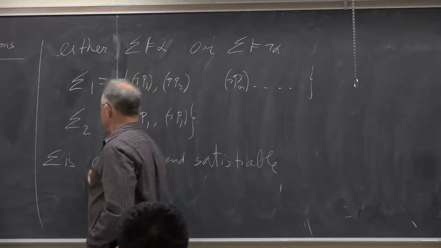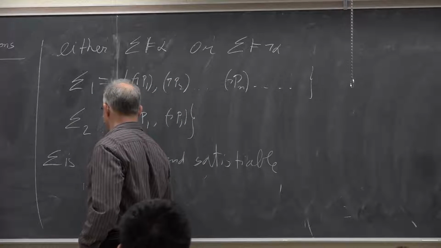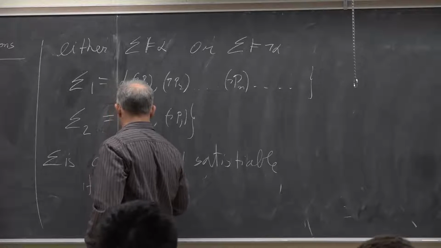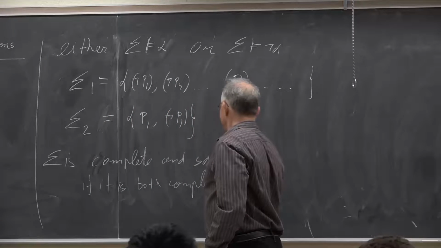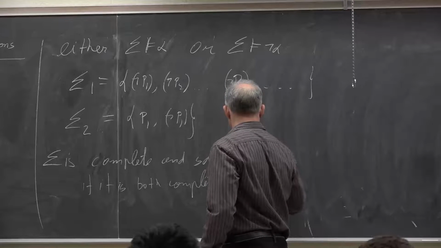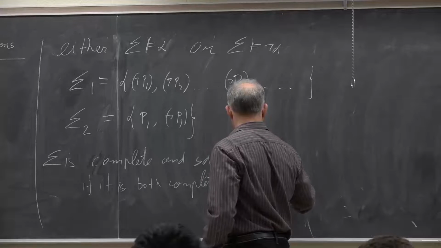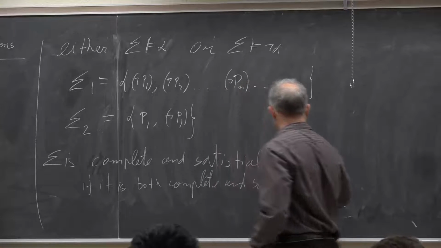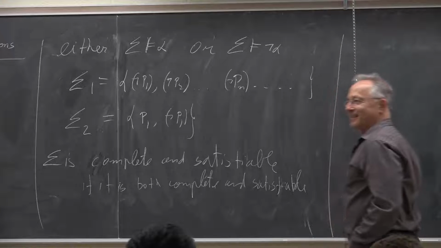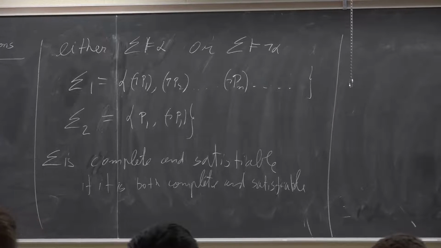If it is both complete and satisfiable, a very kind of, if you never studied this for the exam and you get this question in the exam, what is sigma being complete and satisfiable, you have an easy answer, right?